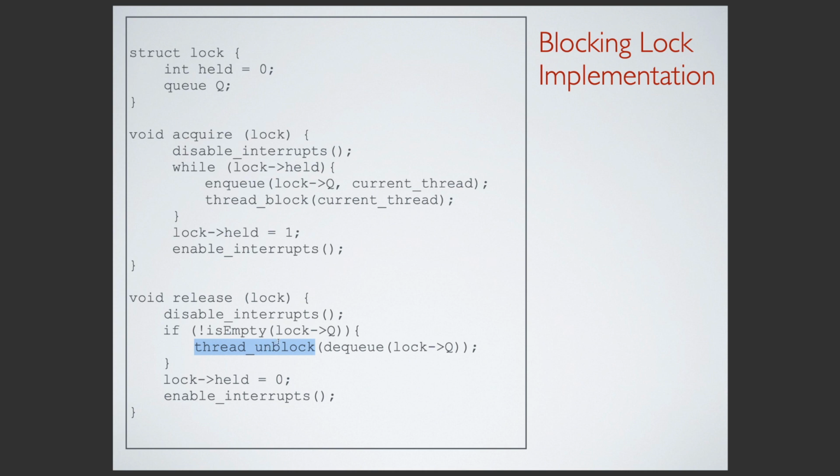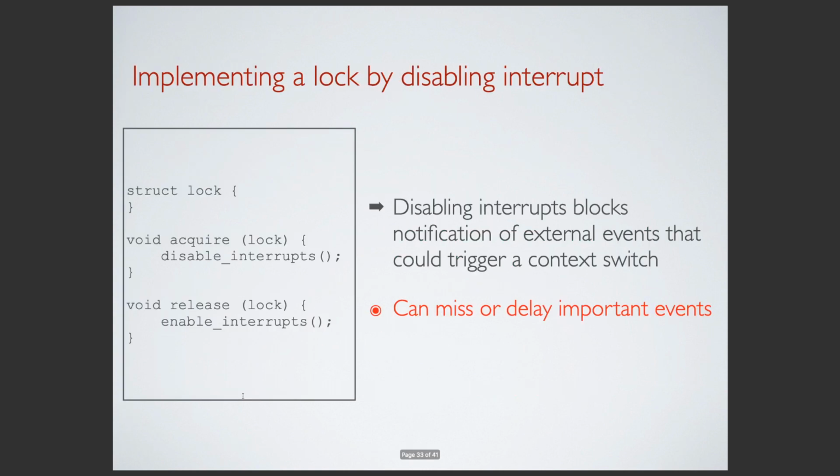Doing that, by the way, does not call the scheduler, okay, you still have potentially the scheduling. So this is not the same as this one, right? Here we go through entirely, regardless. We're releasing the lock, so we're doing all of that. So you disable the interrupt, you unblock the next thread, and then you release the lock, and you re-enable the interrupts, and so on and so forth.